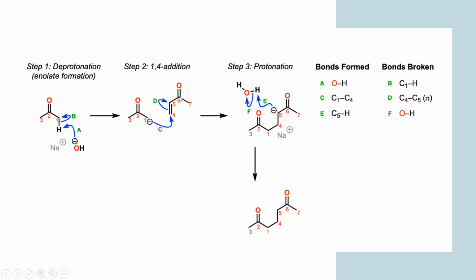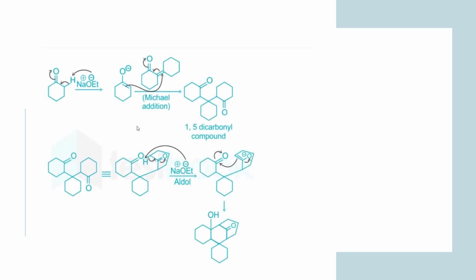In the last step, this carbanion will take up a proton from water or moisture in the system to give you this diketone compound as a result of Michael addition. The first and second steps are similar to the aldol condensation. So till now we got this product from aldol condensation.